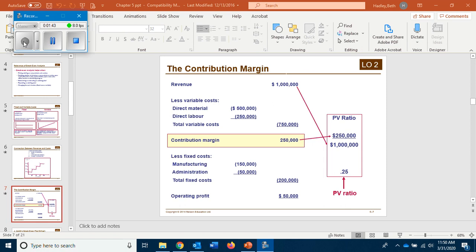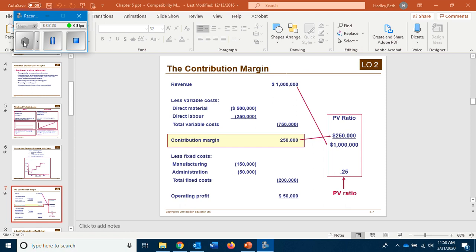Okay, the only way it hits our income statement and comes off our balance sheet as inventory is if we've sold it. So in this case, we have revenue of 1 million minus our variable costs, which is our direct material and our direct labor. Pretend we're building wagons. So the direct material is all of the materials we had to use to make this wagon, all the metal, the wheels, all the parts, and then the employees' wages that it took to make all these wagons.